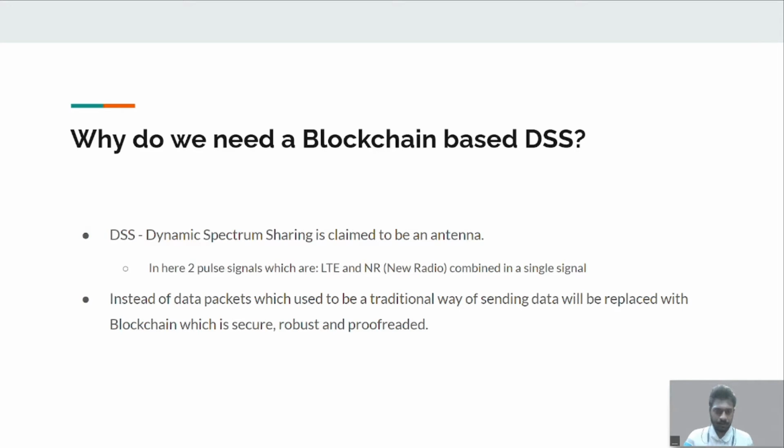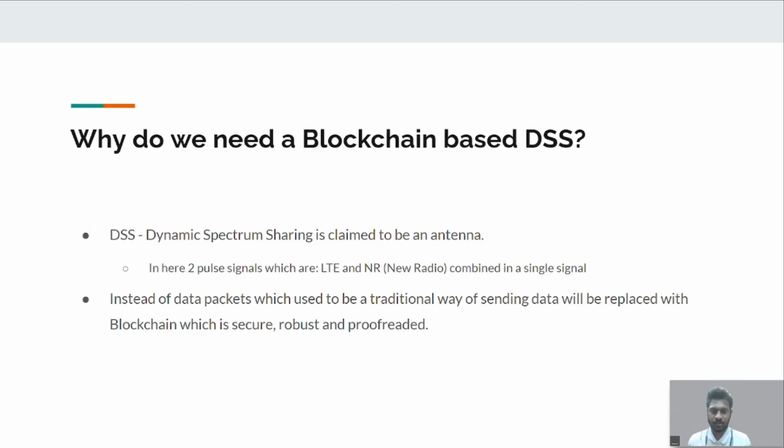In blockchain, instead of data packets, which is what happens now, where the data is sent in the form of a packet known as quanta, which is completely different from quantum in chemistry, over here we'll be transporting data in the form of a blockchain.